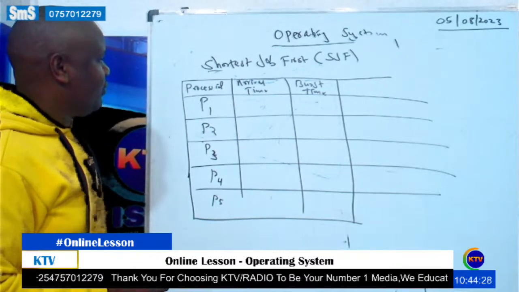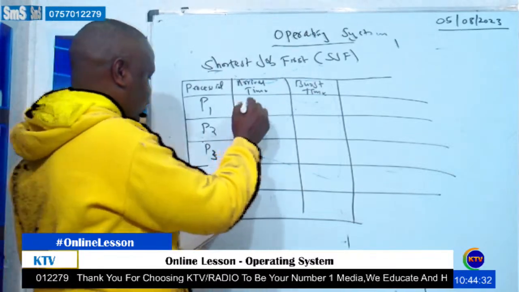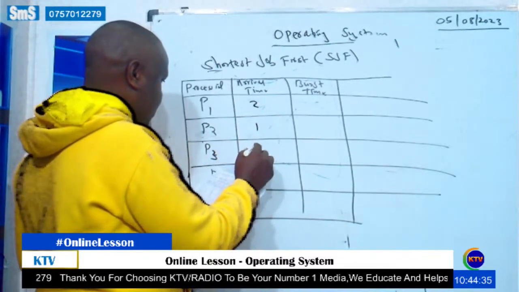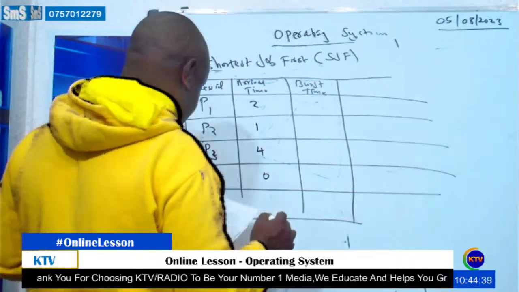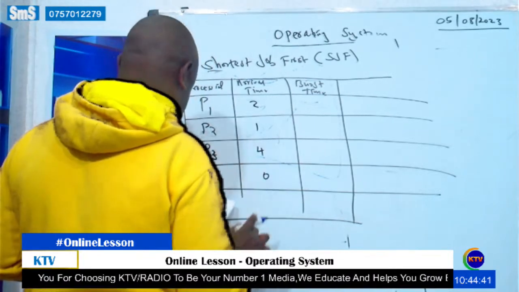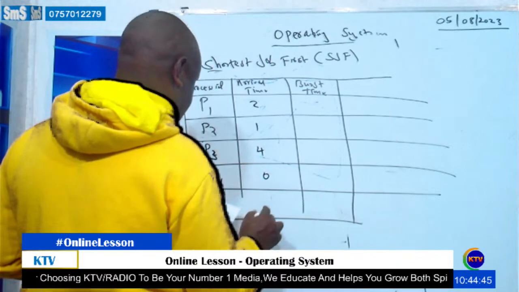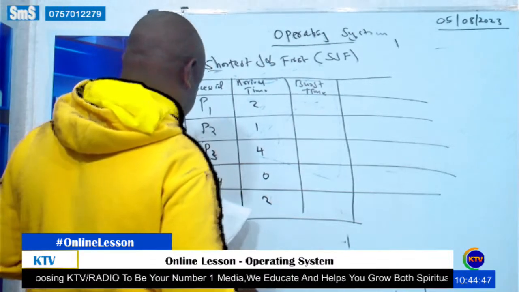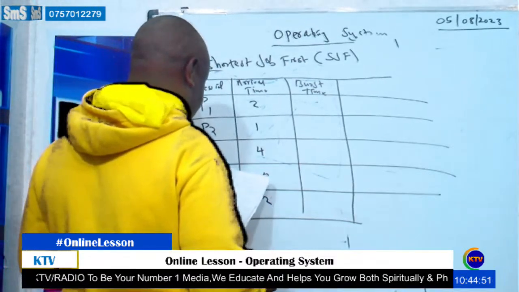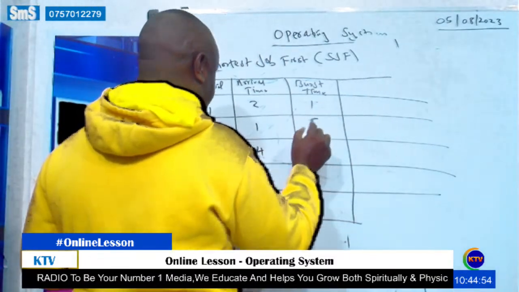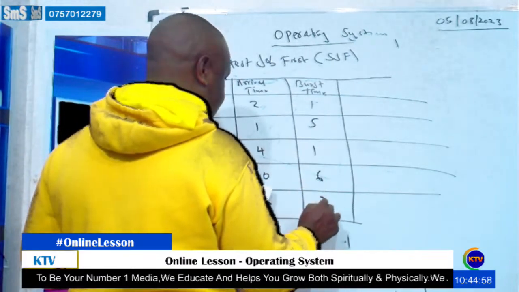So the arrival time for process 1 is 2, 1, 4, 0. Then the burst time for the processes is 1, 5, 1, then 3.